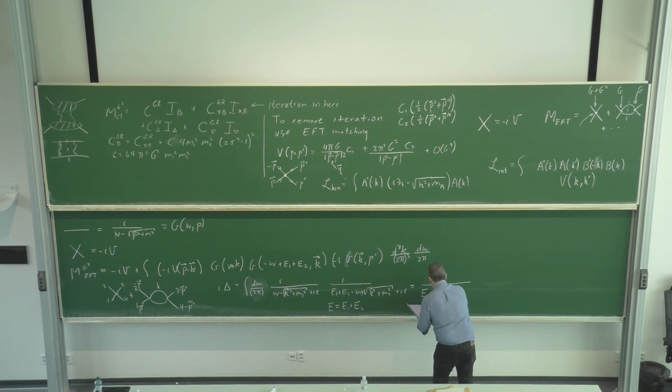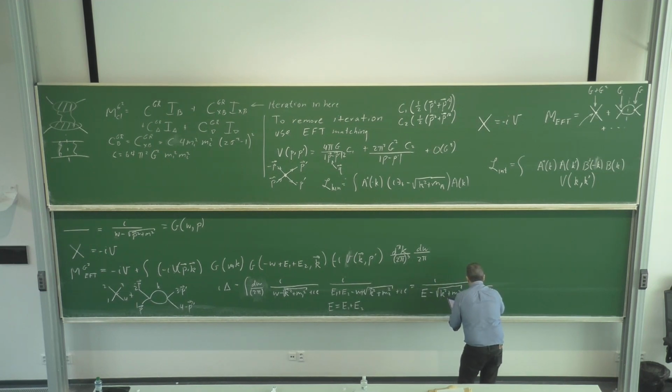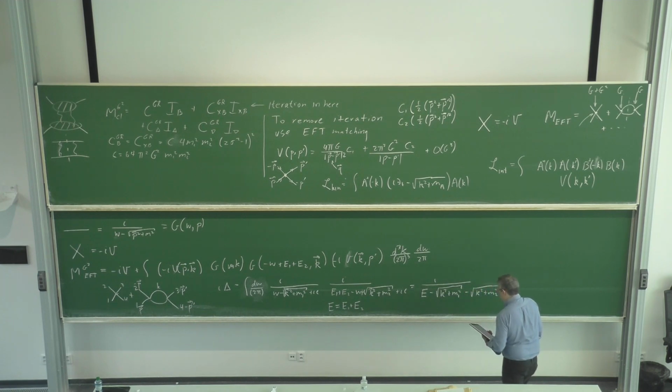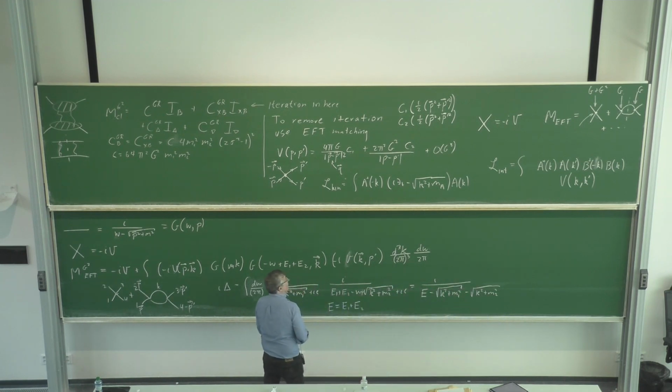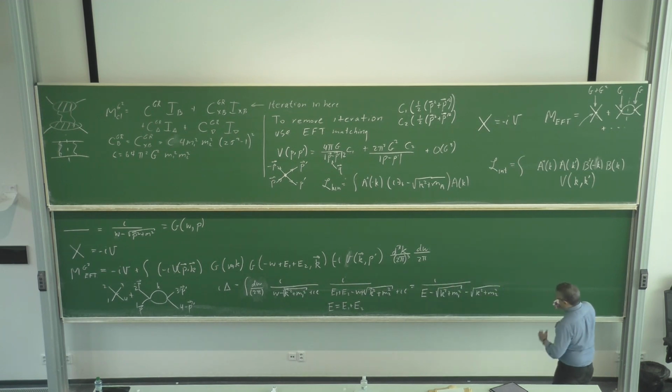So I have minus the square root of k squared plus m1 squared minus the square root of k squared plus m2 squared. Okay. Now this thing, we need to process somehow to organize it, because one of the issues is that in this effective field theory, notice it's a low energy effect. It's a low energy effective field theory.